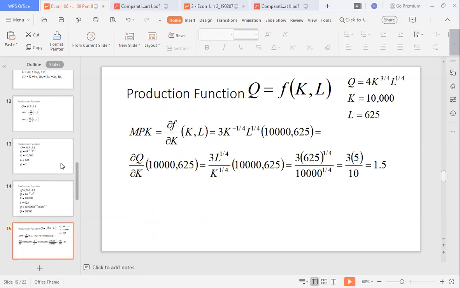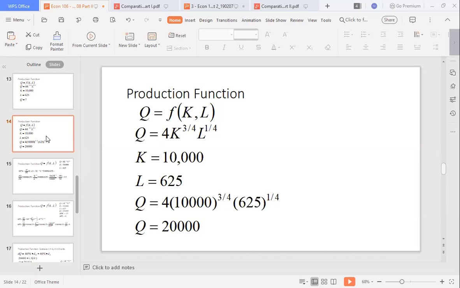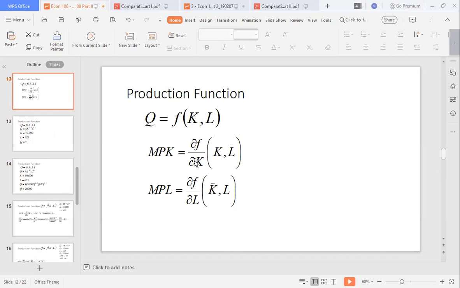So the next agenda is that we will need to get MPK and MPL. Now, as I mentioned, class, this is the standard way of doing it when there are no values.